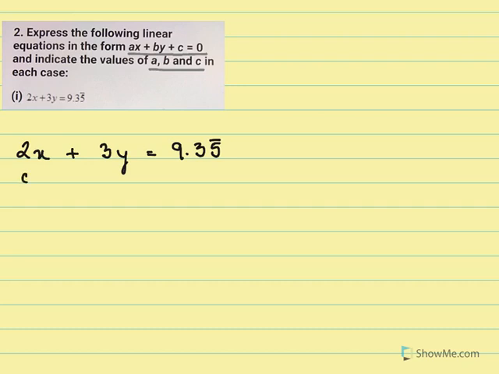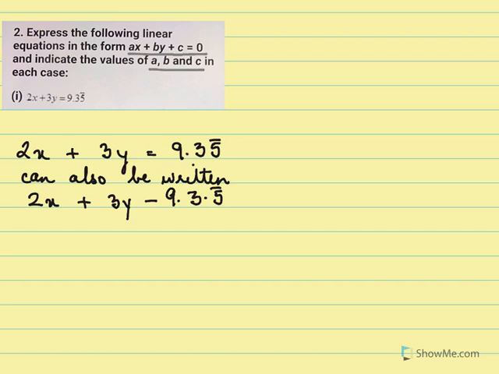It can also be written as 2x plus 3y, I take the 9.35 on this side, so it becomes 2x plus 3y minus 9.35 bar equal to 0. So we have done the first part as representing as AX plus BY plus C equal to 0.